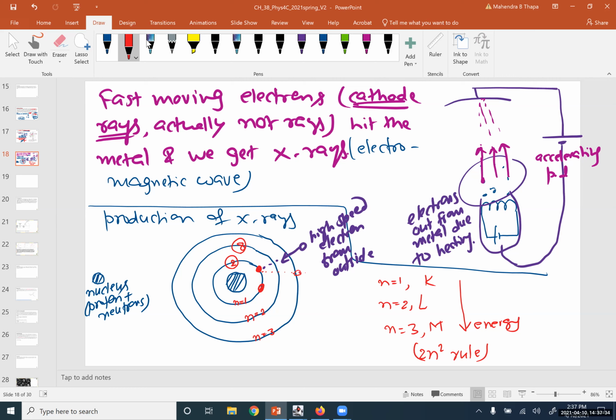Okay, so once this electron went back to its position, then X-ray is produced.